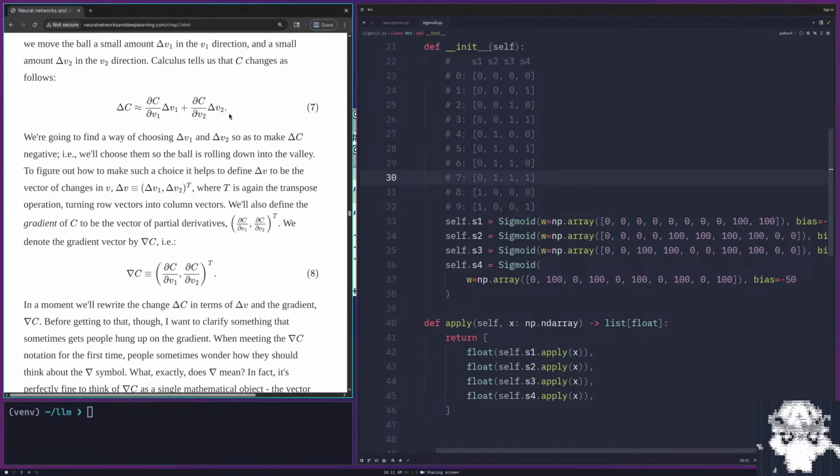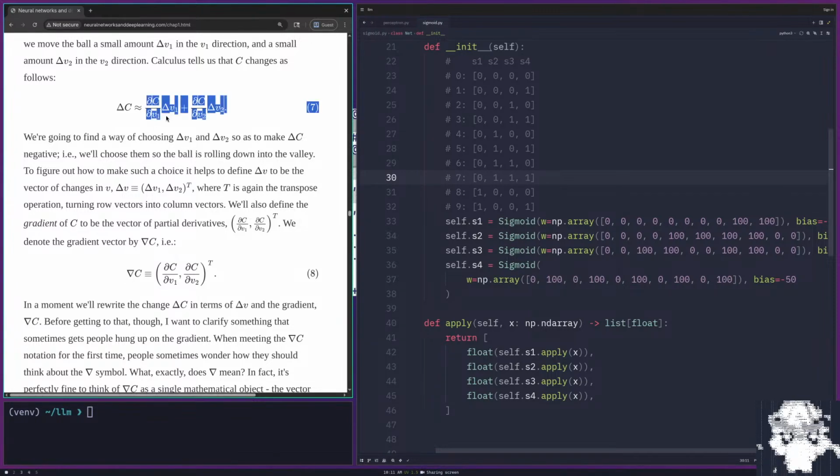Okay, so we can say that the change in c is about equal to this formula. Grad of c, the gradient vector of c, which is a different triangle in front of c, is the partial derivatives.